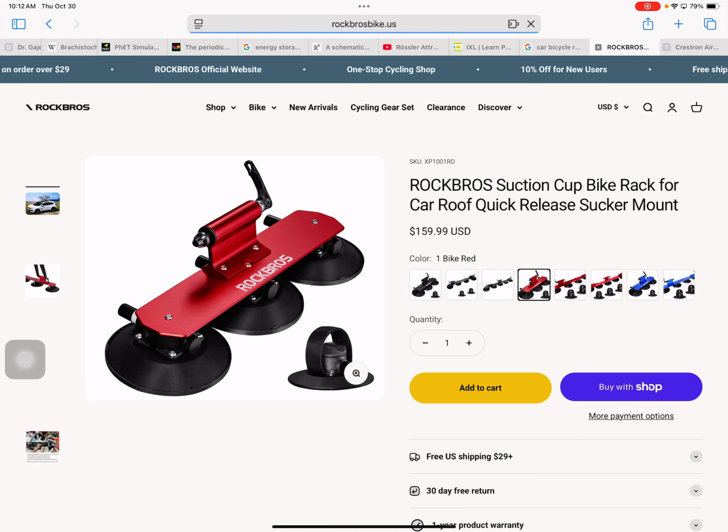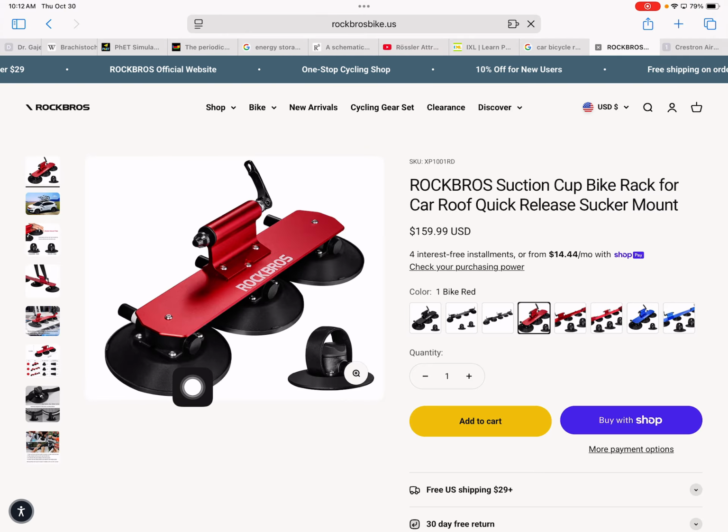So that's, you just clamp it onto your car.